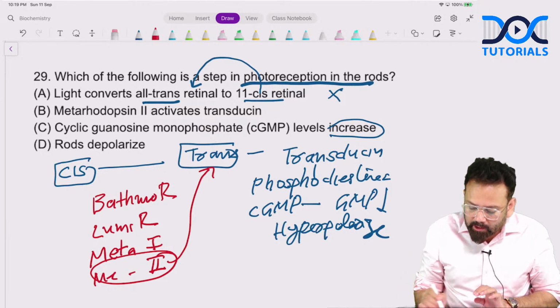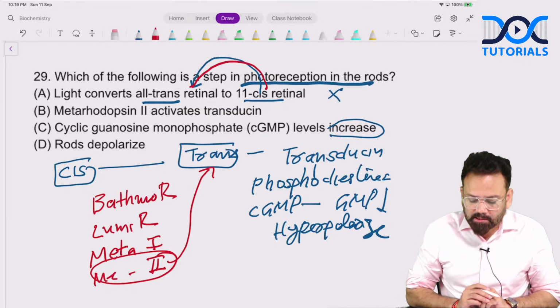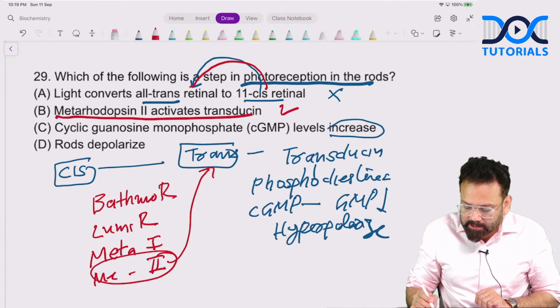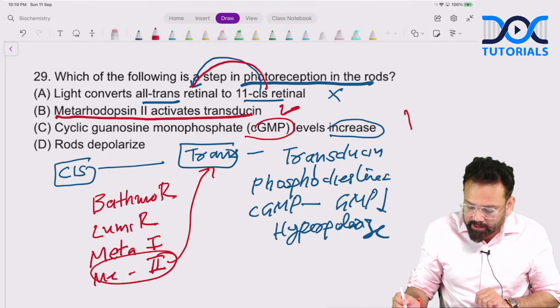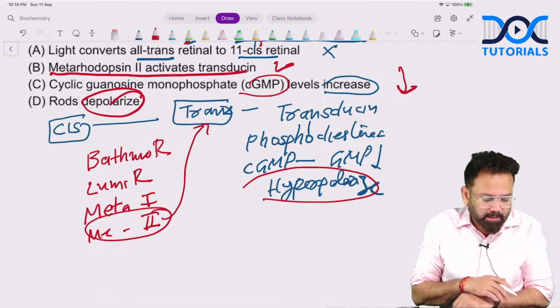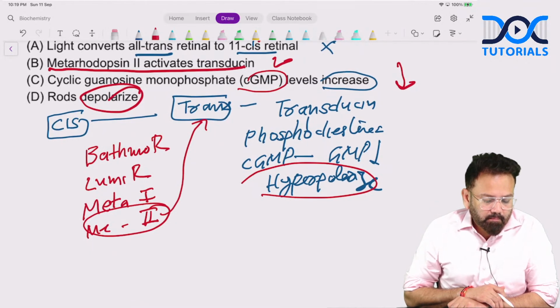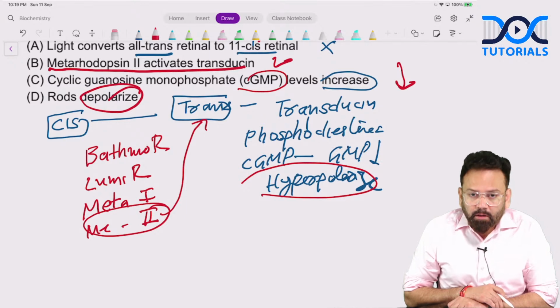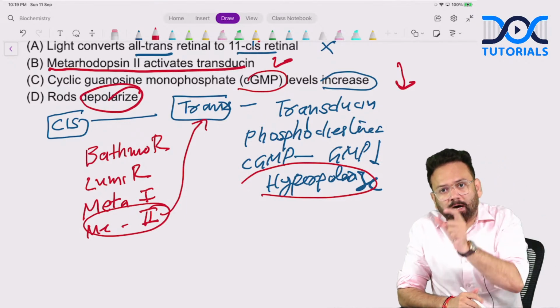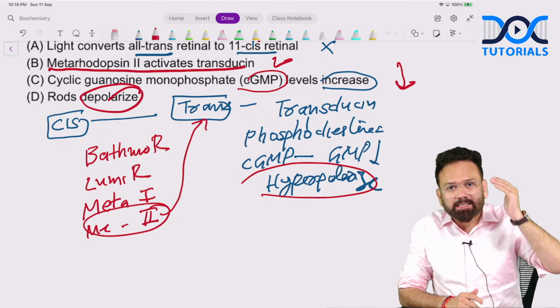See, light converts cis into trans. Metarhodopsin activates transducin. Correct. Is cyclic GMP increased or decreased? Decreased. Does the rod depolarize? No. The rod will hyperpolarize. When light falls on the rod, cis is converted into trans through the Wald cycle.